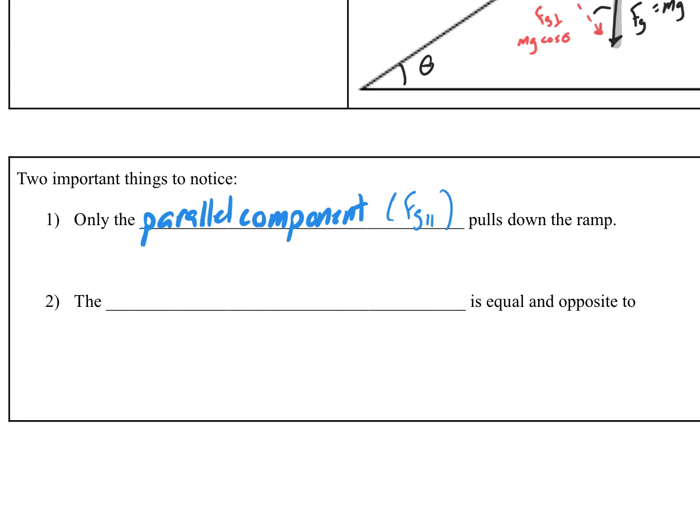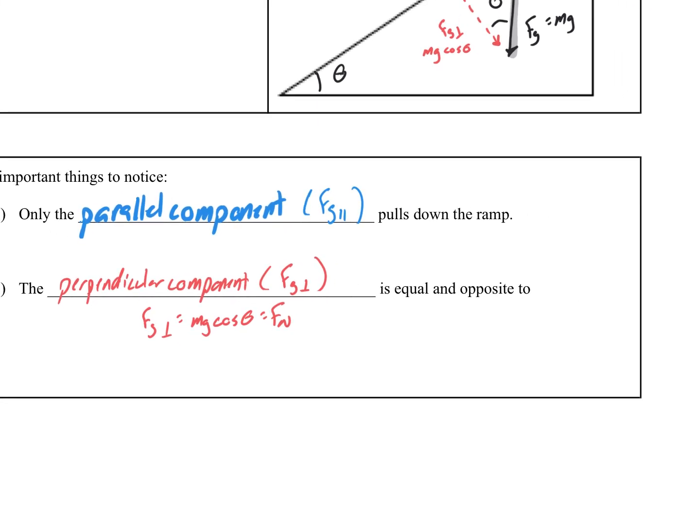So it's the parallel component of the weight itself that's pulling it down. And then the perpendicular component is equal and opposite to the normal force. And once again, the perpendicular component is the cosine, right, of the weight. And that's going to be the normal force. And that's going to be important when we start talking about when friction is involved and those kinds of things.